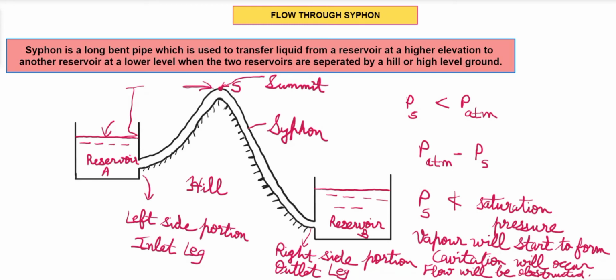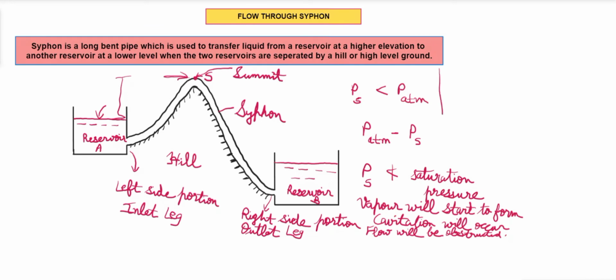Let's see the limit of pressure PS. Theoretically, we can lower this pressure up to minus 10.3 meter of water. This value is possible theoretically, but practically the possible value till which we can lower the pressure PS is minus 7.6 meter of water.